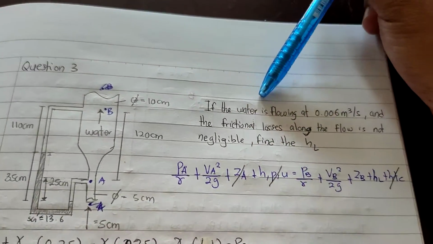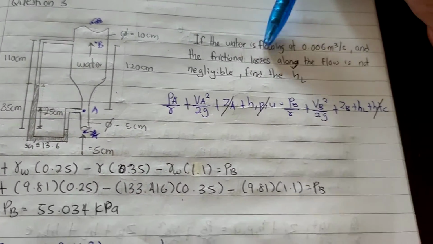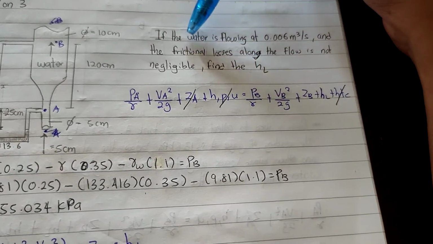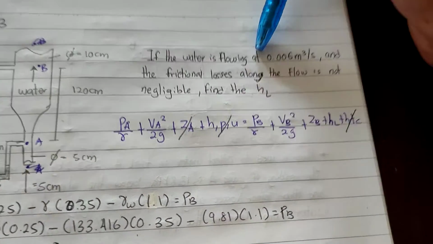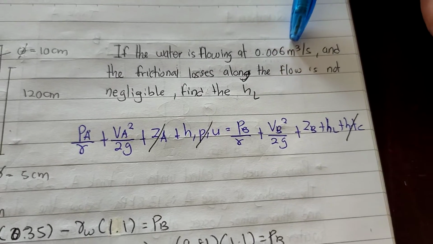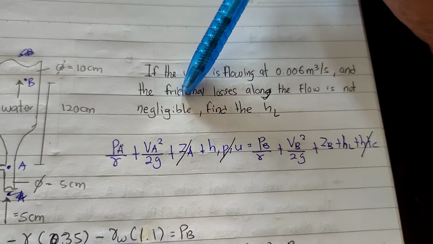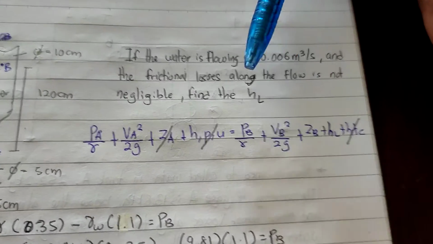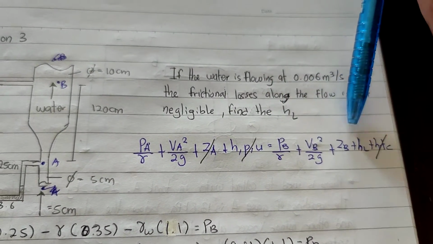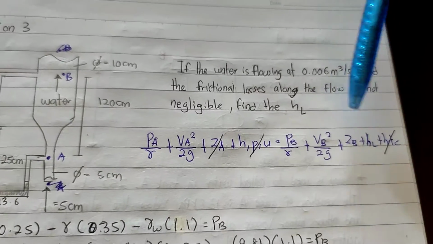Moving on to question 3. Question 3: if the water is flowing at 0.006 meter cube per second and the frictional loss along the flow is not negligible, find the HL. HL is frictional loss or head loss.